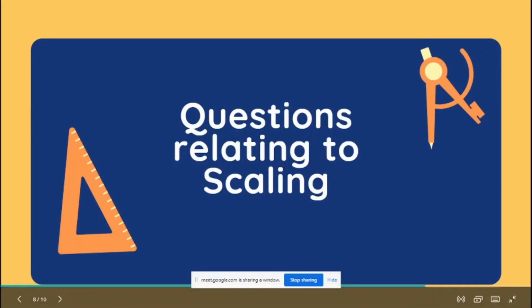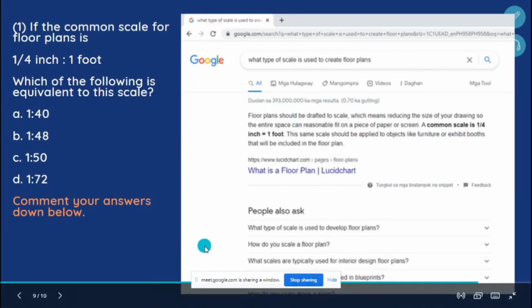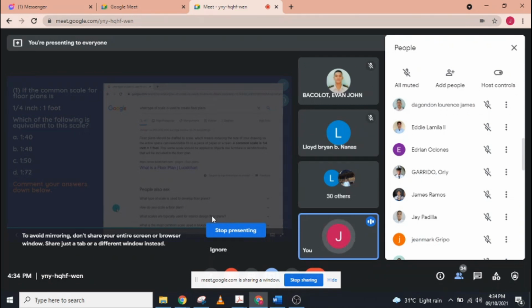Now, we have here questions relating to scaling. A couple of questions. I searched this one on Google earlier, class. On the floor plan, when we are drawing houses, plans for houses, plans for ships, there is what we call a plan.